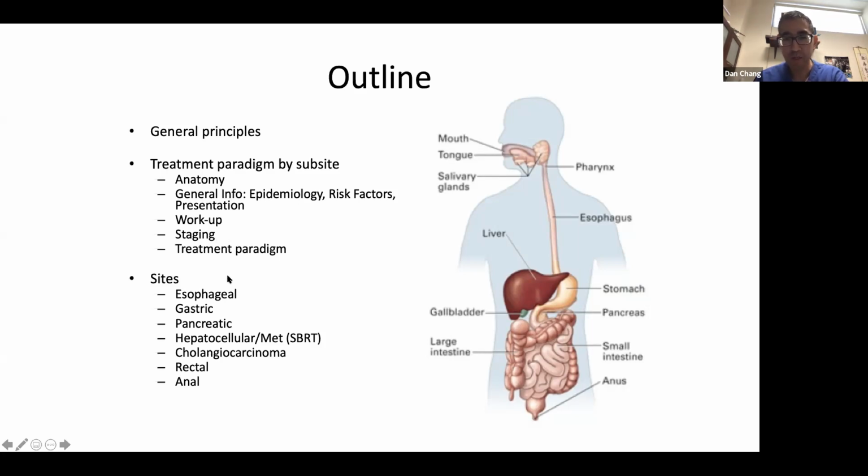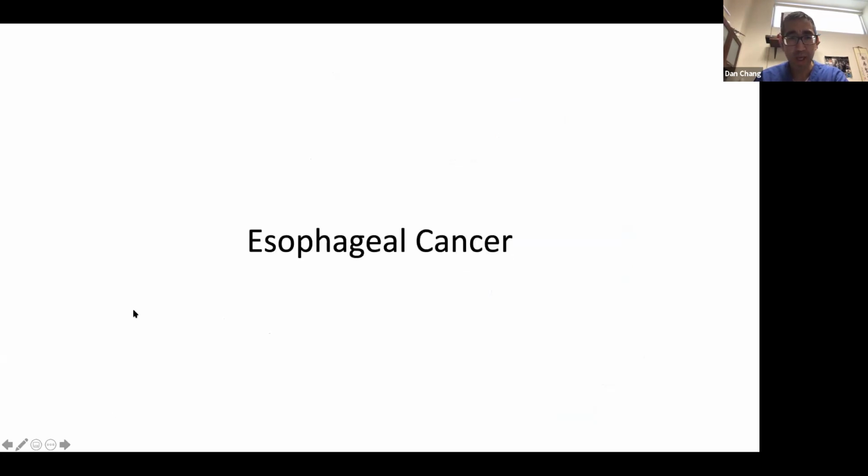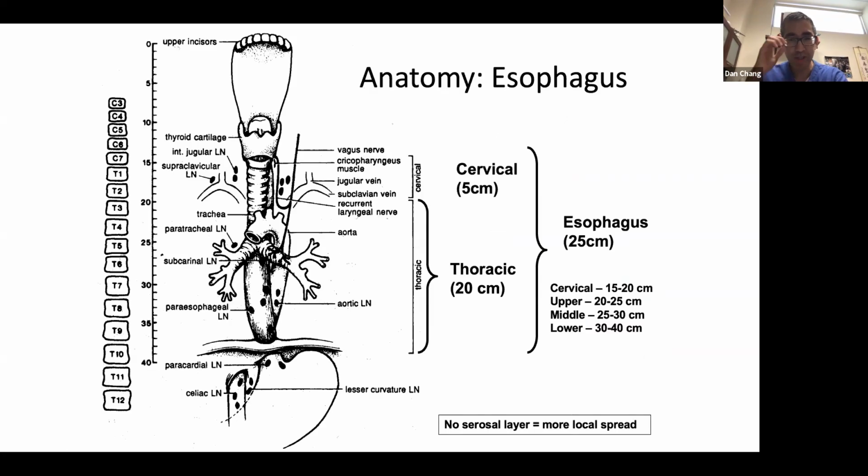And then for the different sites, like I said, starting from the esophagus, stomach, pancreas, hepatobiliary, so hepatocellular carcinomas, which are primary liver cancers, cholangiocarcinomas, which can be both intrahepatic and extrahepatic, as well as gallbladder, rectal cancer, and anal cancer.